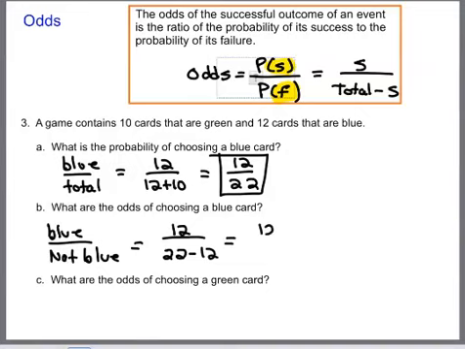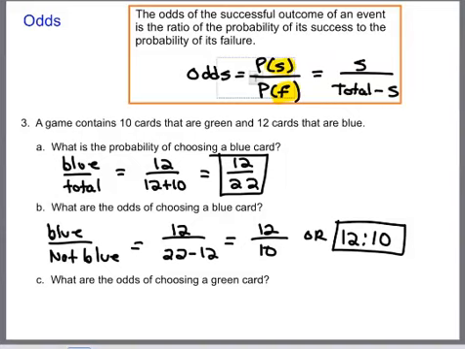Writing it out this way is just going to help us a little bit when we throw in some combinations. So we can say 12 over 10. I like to write odds with a colon. So it's a 12 to 10 ratio.